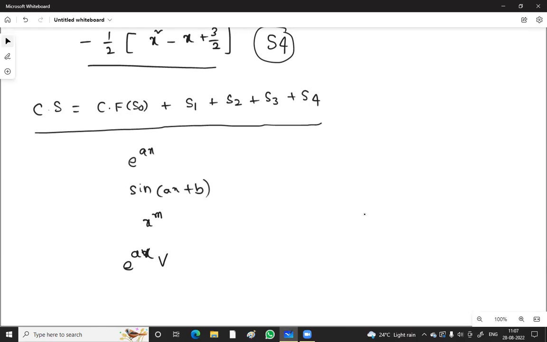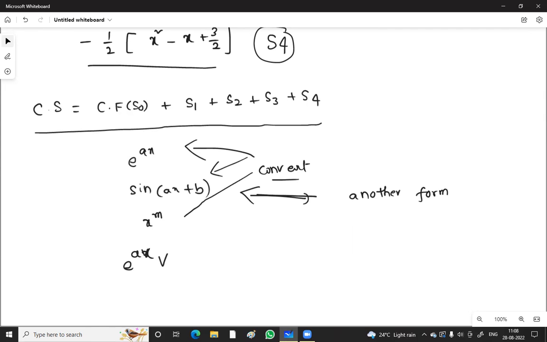In that case you have to convert it into one of these forms, and then you can find the solution. That is the only method, because you don't have a direct method to write the solution for other forms. This is the technique you have to follow. So some formulas you need to learn by heart to do such problems.